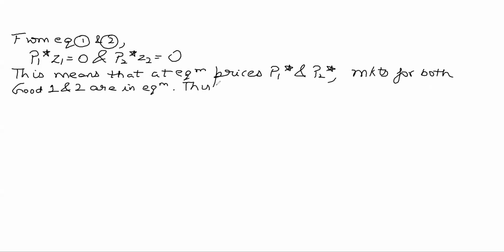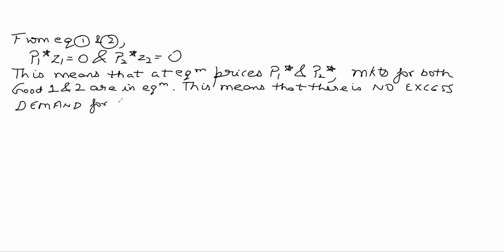This means that there is no excess demand for good 1 and 2 at the equilibrium prices P1 star and P2 star.